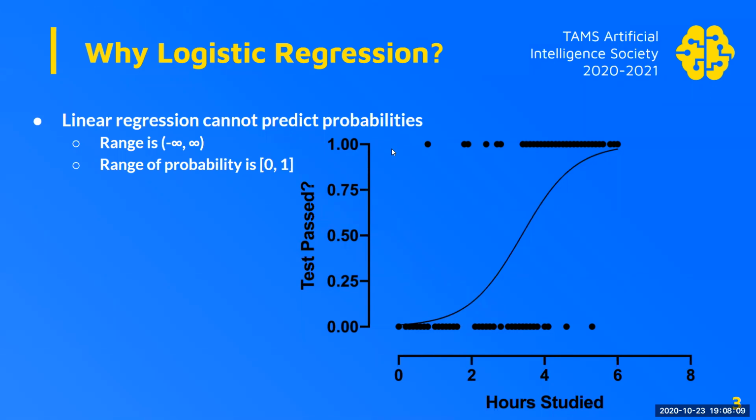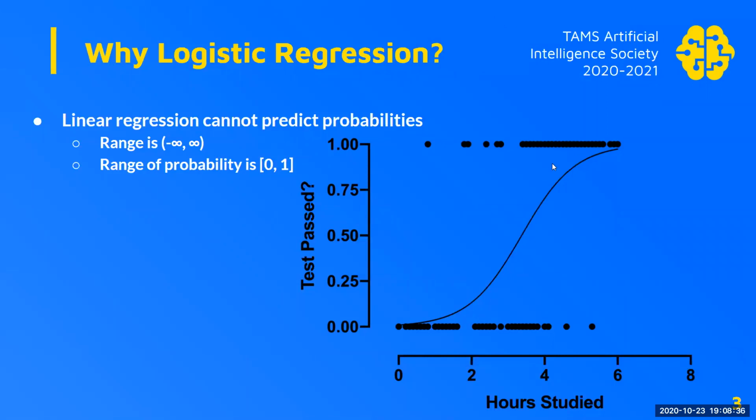And as you probably know, the scale of a probability is 0 to 1, 0% to 100%. So a probability of 0 is saying there's a 0% chance they pass the test. A probability of 0.9 is a 90% chance they pass the test, so like 9 out of 10 times. And that's all well and good.